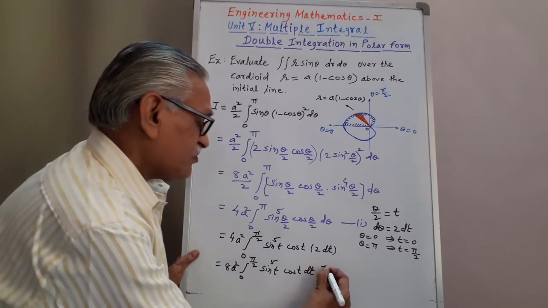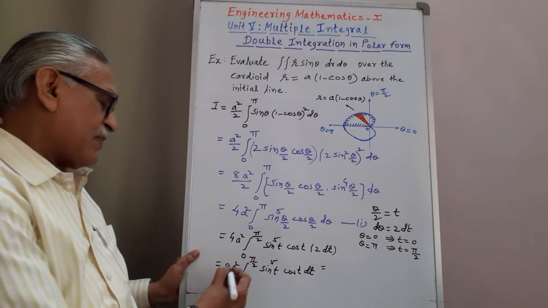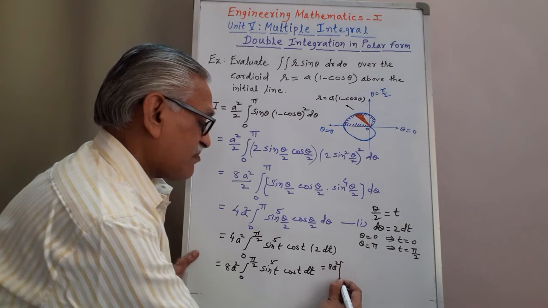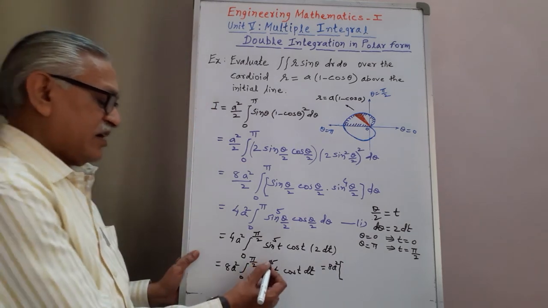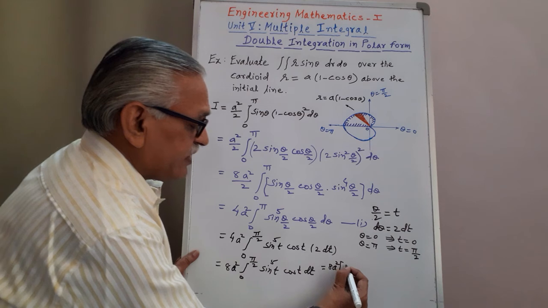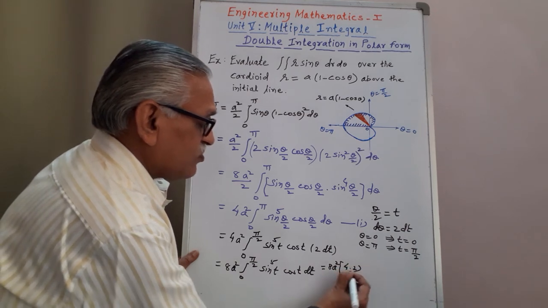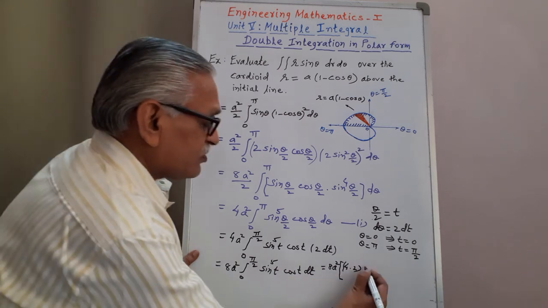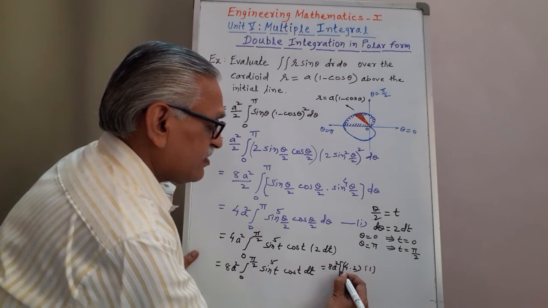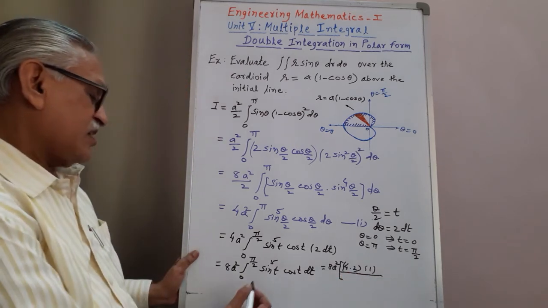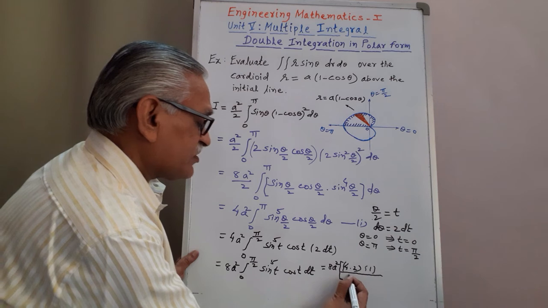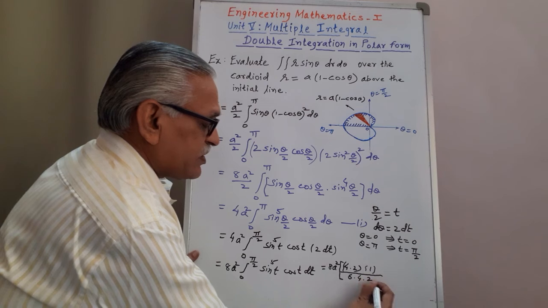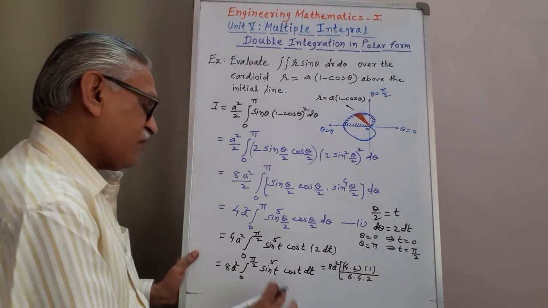Applying that reduction formula, it is 8a square as it is, then n minus 1, therefore 5 minus 1 we get 4, next is 2, the last term is 2, therefore 4 into 2, here for this it is 1 as the last term, divided by the sum of these two, 5 plus 1 we get 6, then subtracting 2 we get 4, again subtracting 2 we get 2, into k, the value of k.